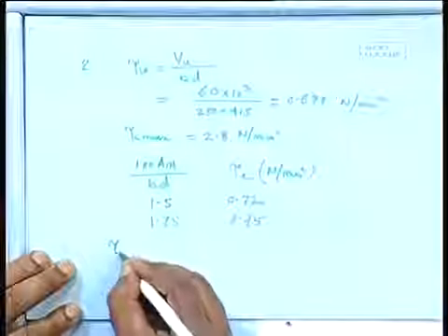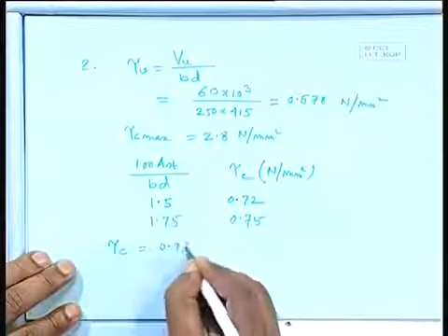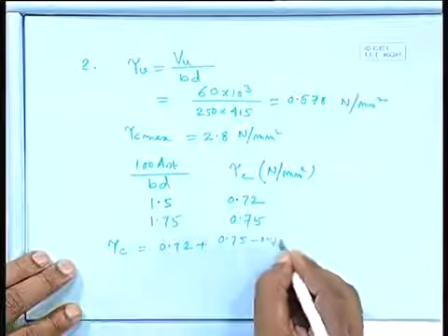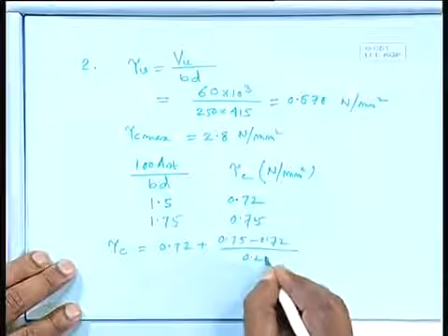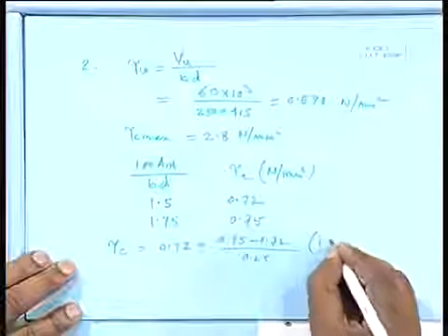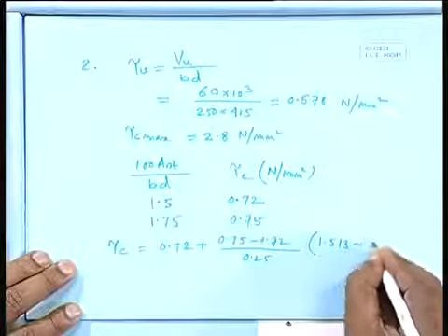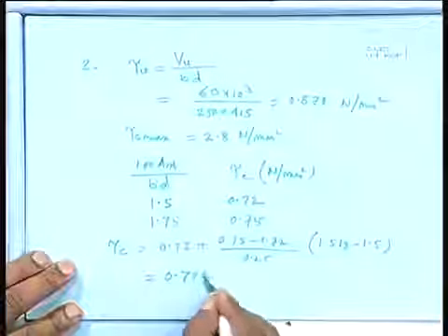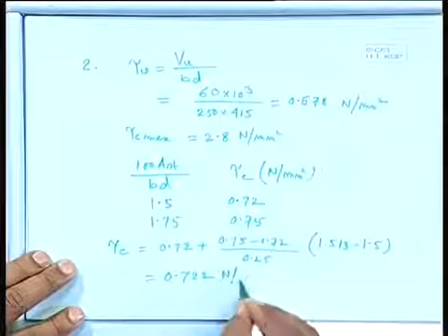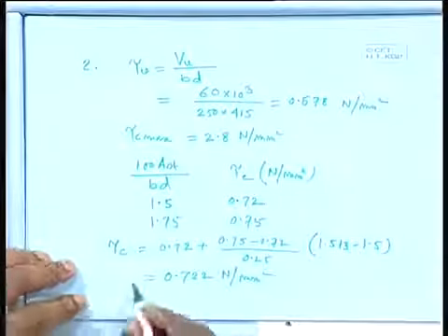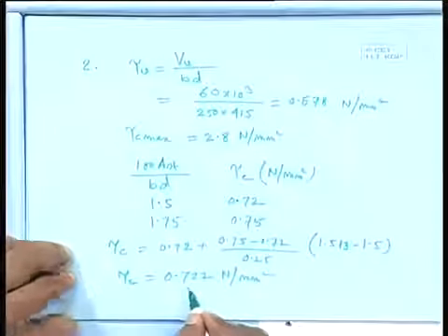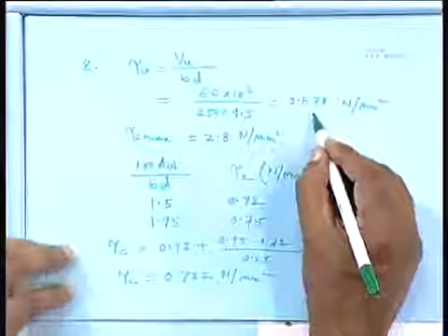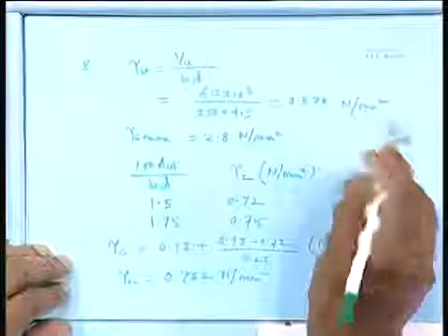So tau C equal to 0.72 plus (0.75 minus 0.72) divided by 0.25 times (1.513 minus 1.5), percentage of steel, which comes as 0.722 Newton per square millimeter. So tau C we shall get as 0.722 Newton per square millimeter and tau V 0.578 Newton per square millimeter.